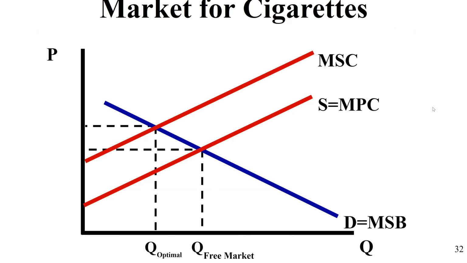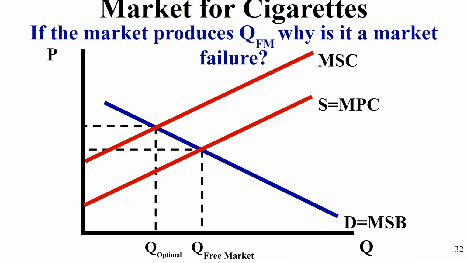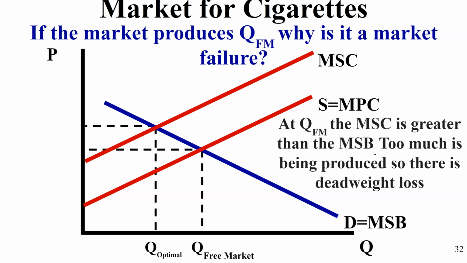Now, why is it a market failure? Well, it's a market failure because you're producing too much. In previous deadweight losses and market failures, we looked at the opportunity to produce more that you weren't taking because of an excise tax or a quantity control. Usually there, we're not producing enough. Well, in this example of externalities, we're actually producing too much.